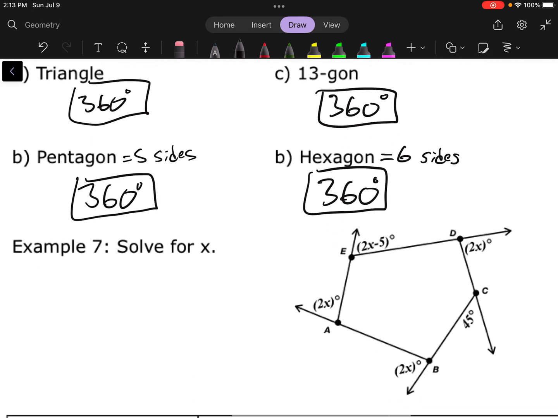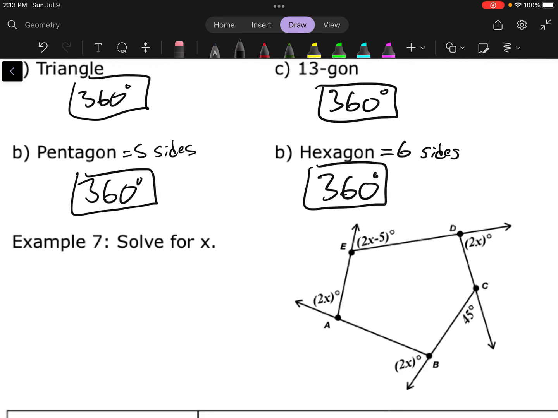It's not a trick. If we look at example 7 here, we've got a pentagon, right? We've got 1, 2, 3, 4, 5 sides, but guess what? Doesn't matter. All 5 of those exterior angles have to add up to be 360. So I will do 2x plus 2x plus 45 plus 2x plus 2x minus 5 all equals 360.